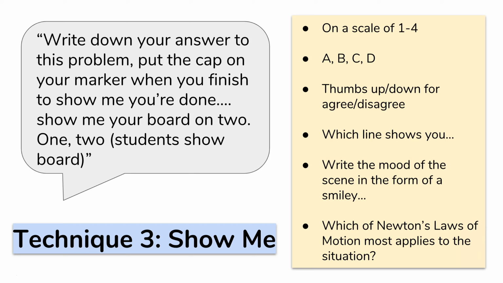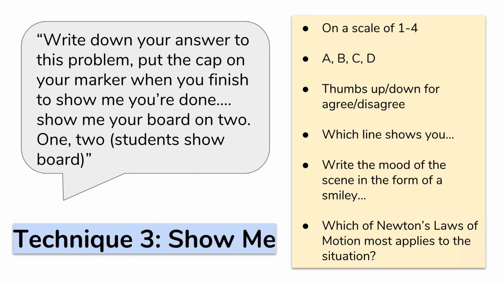Other opportunities for Show Me with hand signals are on a scale of 1 to 4, A, B, C, D, where 1 is A, 2 is B, 3 is C, and 4 is D. Thumbs up or thumbs down for agreeing or disagreeing. And then moving to the boards, which line shows you the best evidence for this or this?